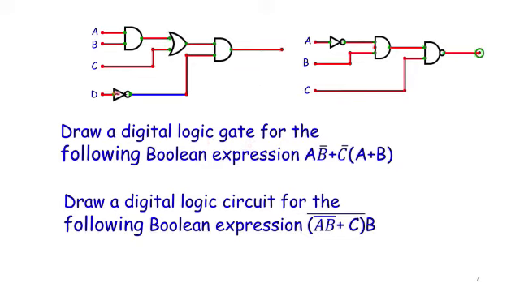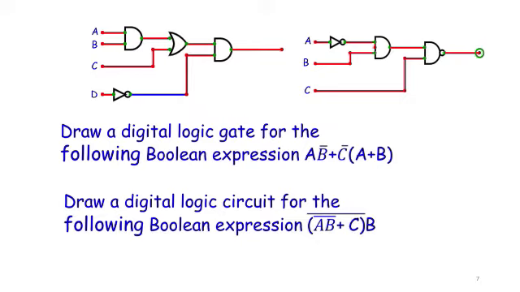Draw a digital logic gate. Also, please, I would want you to do this. I want you to write the digital logic gate for this. I want you to write the Boolean expression for this. Okay, I'm going to write one, and I'm going to allow you to write the rest. So let me write one, and then you write the other one.